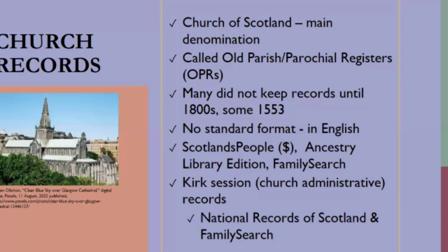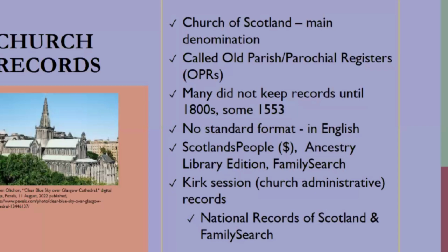And as I said, the Church of Scotland was the main denomination, and these are what the old parish registers, the OPRs, would look like. Some of the parishes didn't keep records until the 1800s, but some of them, if you're lucky, go all the way back to the 1500s. They were in English, so we're not having to learn a foreign language in order to read them, but there was no standard format.